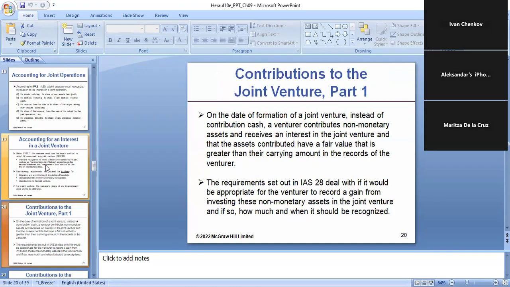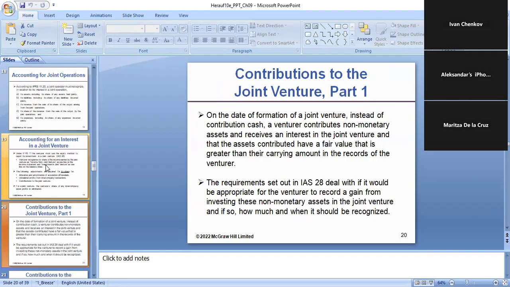On the date of the formation of the joint venture, instead of contributing cash, the venturer contributes non-monetary assets and receivables and receives an interest in the joint venture. And if the assets contributed have a fair value greater than the carrying amount, those are recorded in the joint venture's statements.